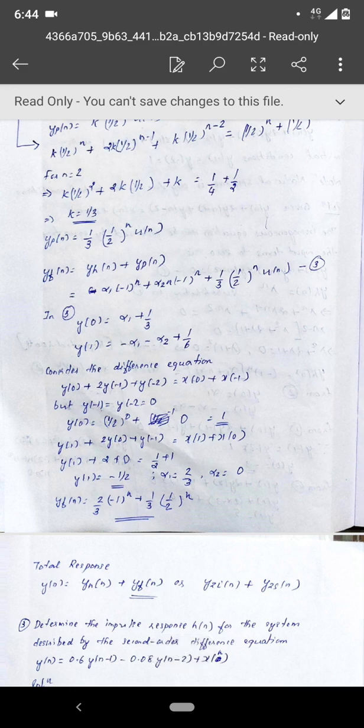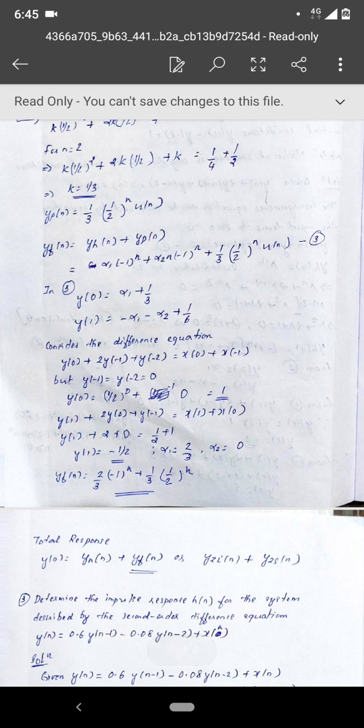Here also you add this similar homogeneous function, which is similar to the complementary function, with the particular solution. The only difference is that alpha 1 and alpha 2 are determined from 0 initial conditions, which was not the case in the first method. There it was determined from the initial condition. Here it is found from 0 initial conditions. I am yelling because this can create confusion, that is why.